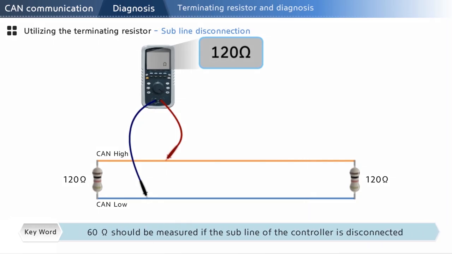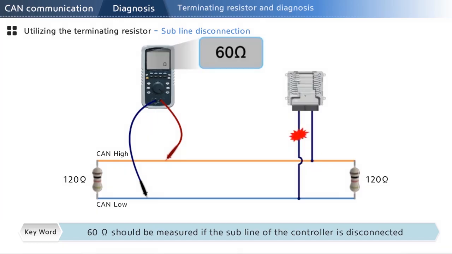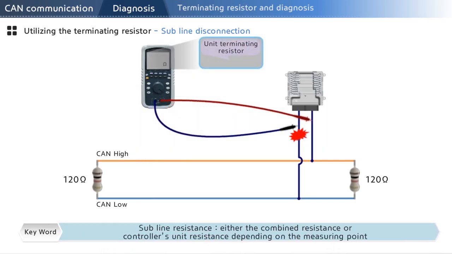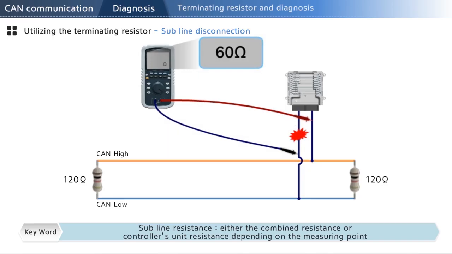If there is a disconnection in a subline to the controller, not the main lines, the CAN bus resistance will measure 60 ohm. This is also the normal resistance value. In this case, however, the controller is unable to communicate. In this case, you need to measure resistance in the sublines.